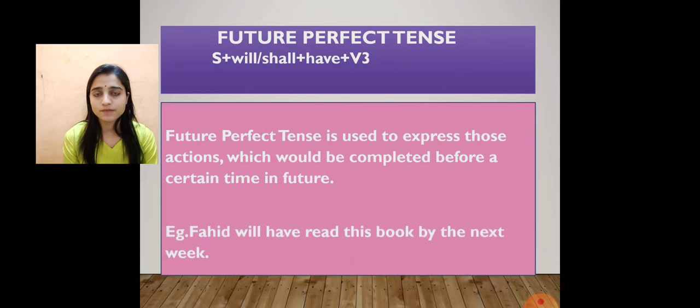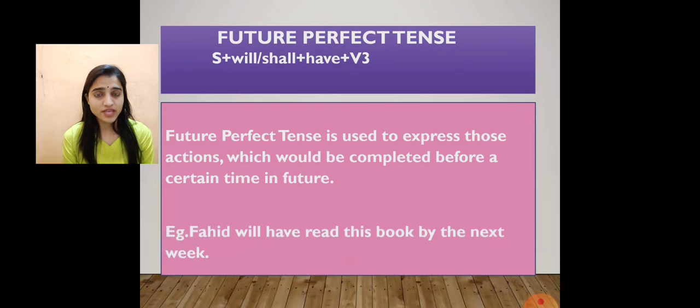So we use this tense in sentences where the action will be completed in a period in the future before the completion of that period. Let us understand it with the help of an example. Fahid will have read this book by the next week.